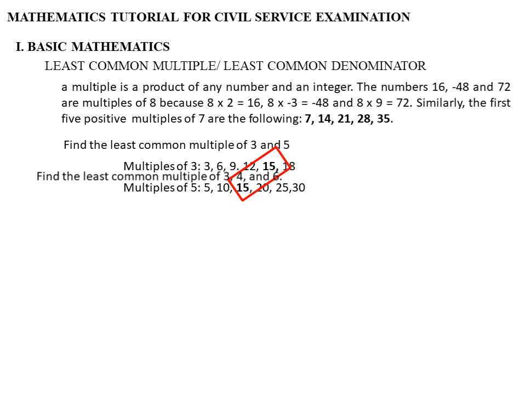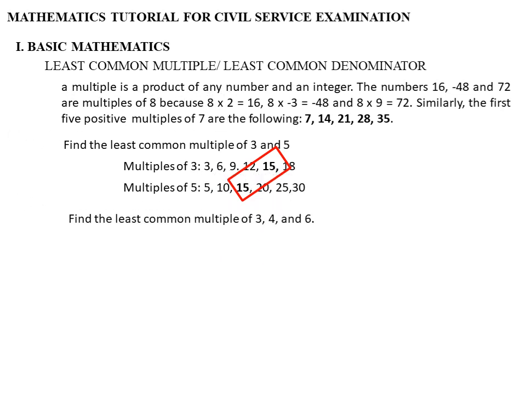So let's try another example. Find the least common multiple of 3, 4, and 6. So let's list down again the multiples of 3, which are 3, 6, 9, 12, and 15. Multiples of 4: 4, 8, 12, 16, and 20.